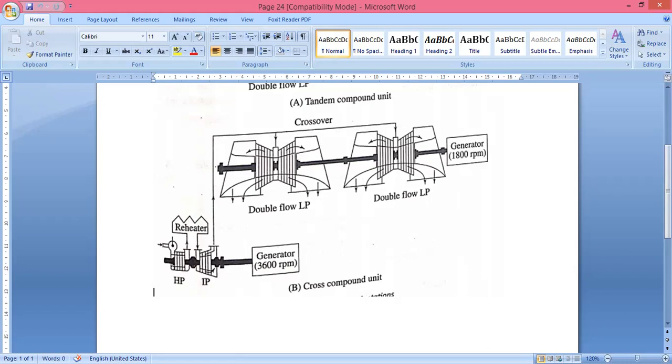As we are running the turbine at lower speed, the blades have a comparatively higher life, resulting in higher turbine efficiency. Cross compound units in the 1300 megawatt range with both shaft orientations operating at 3000 rpm have been built.